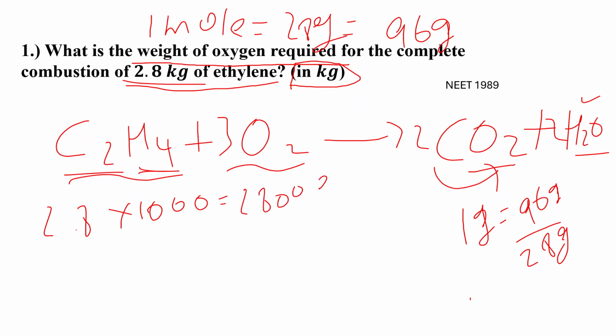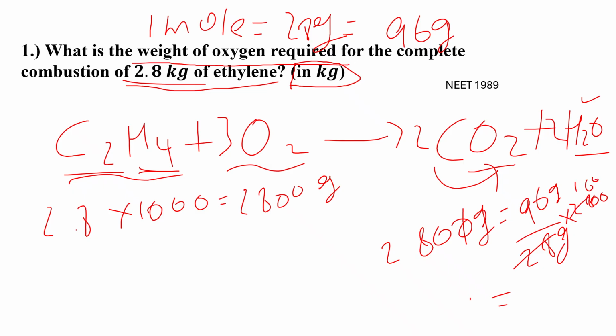Then 2800 gram of ethylene requires 96 divided by 28 multiplied by 2800. If we multiply, 28 cancels out with 2800, giving 100.